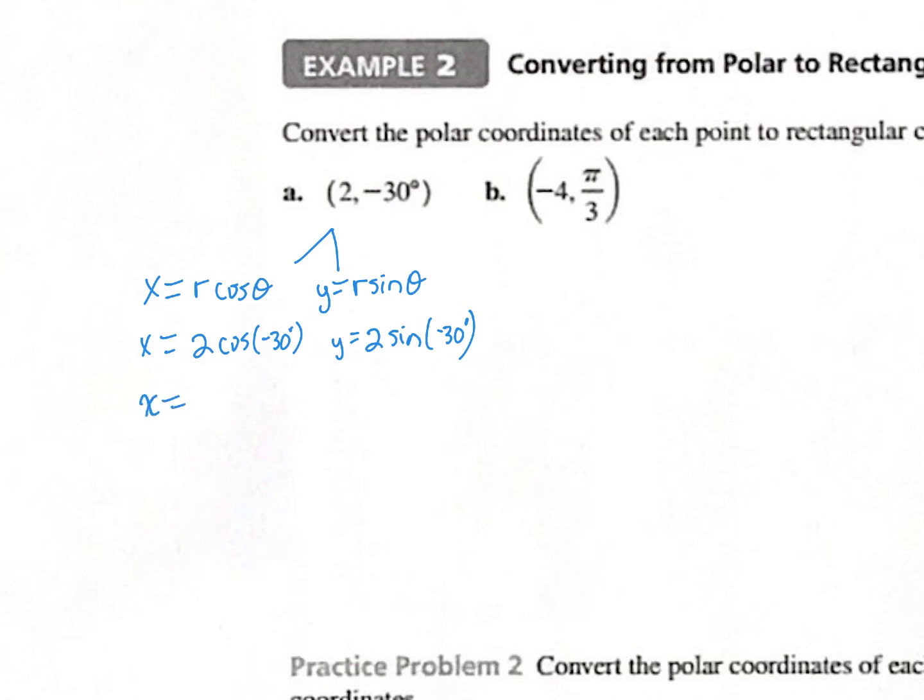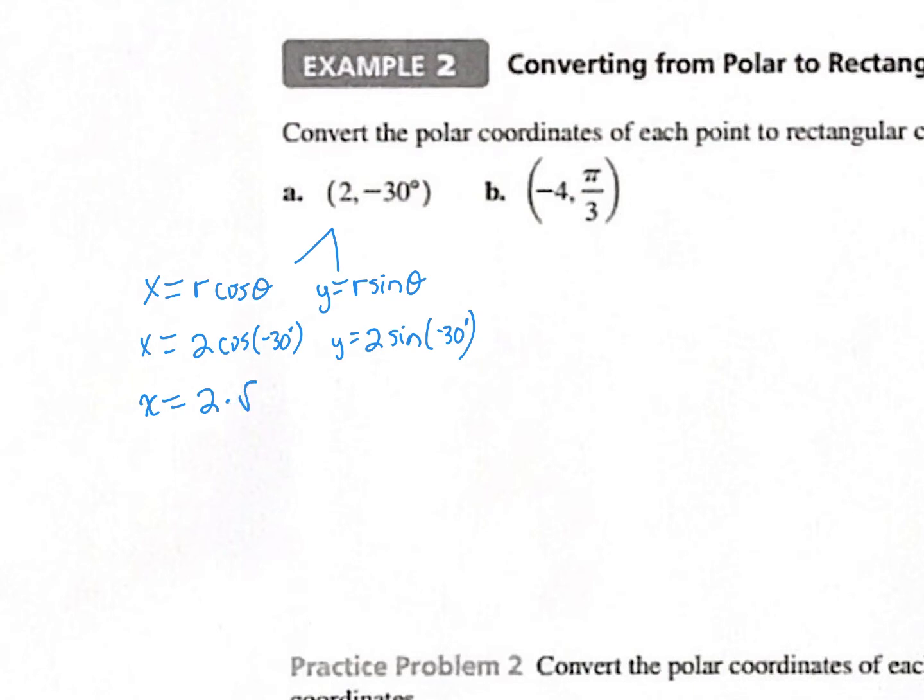Okay, the cosine of negative 30 degrees, look up here at the unit circle. Negative 30 degrees is down here, and we're looking for the cosine value, which is what? Square root of 3 over 2.